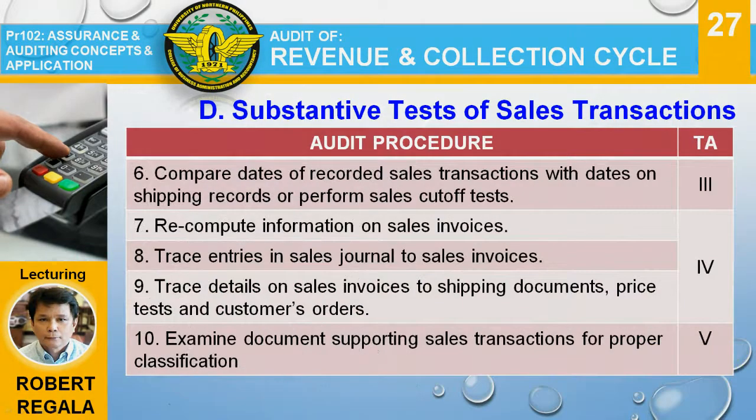Slide 27. Related to audit procedure number 6. For a sample of shipping documents, trace sales invoice and entry into sales journal and accounts receivable subsidiary ledger. Perform cutoff tests.